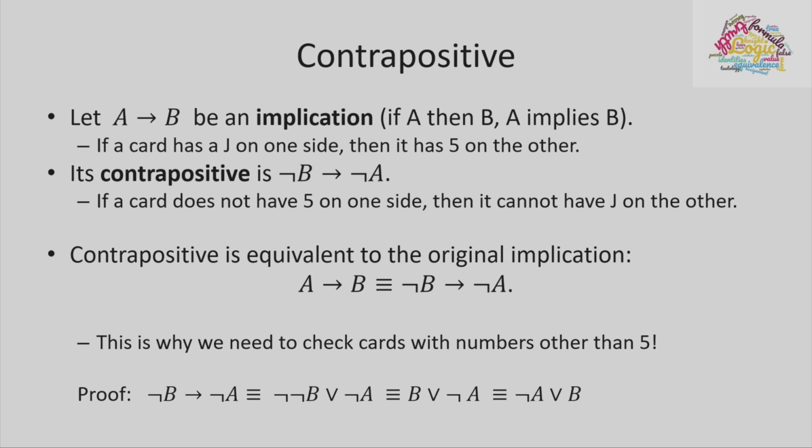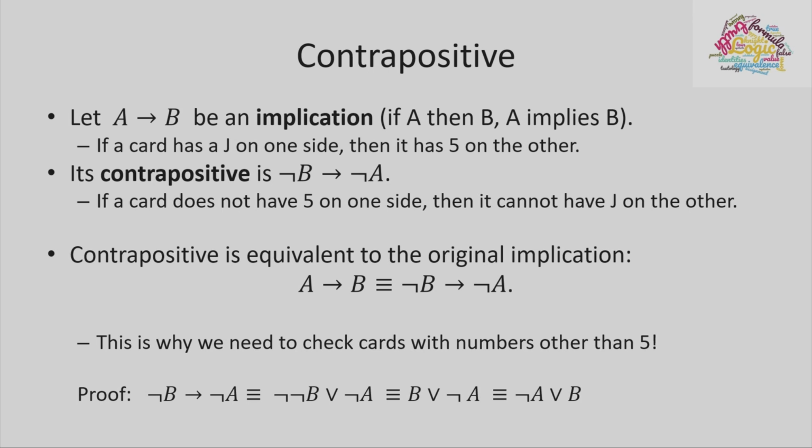Say A implies B is something like if a card has a J on one side, then it has 5 on the other. Another statement which has the same truth table, an equivalent statement, is its contrapositive, which is not B implies not A. The way we get it is we switch the order of A and B and we negate both of them.